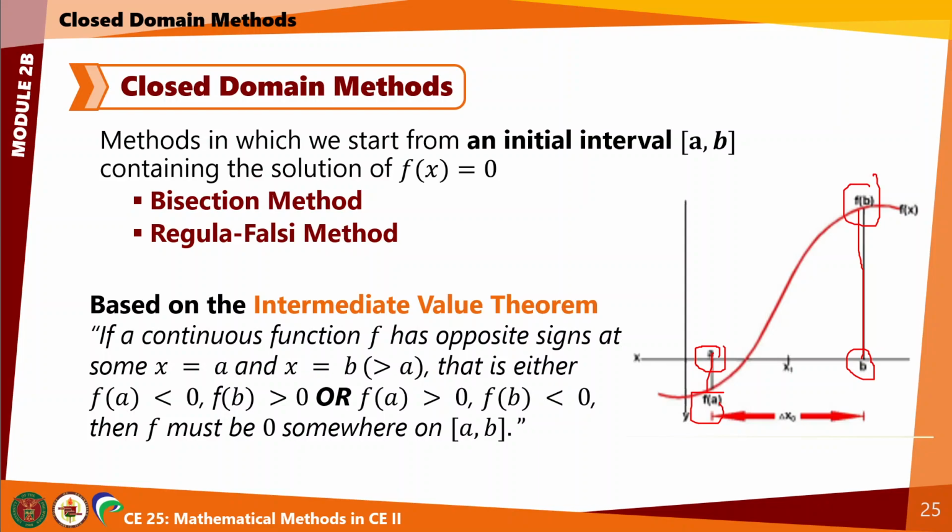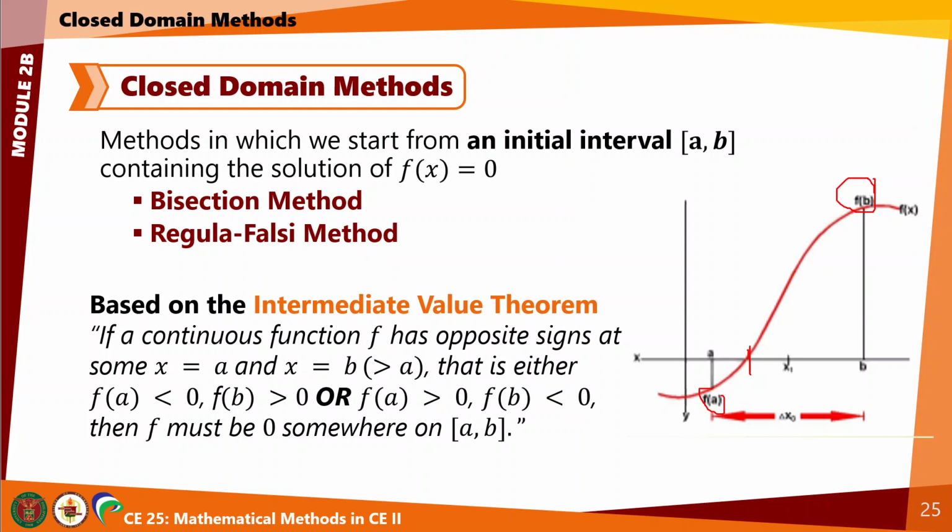Okay, tapos yung f of A na to, since nasa baba ng x-axis, this is negative. And then yung f of b sa taas ng x-axis, this is positive. So if I multiply these two, we get a negative product. Ang ibig sabihin lang nun, sigurado tayo na may root sa gitna or within that interval. Bakit?